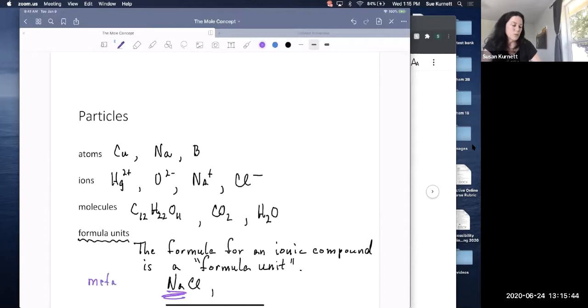But there is one ion that behaves as an ion and makes ionic compounds, and that's ammonium. So we have to watch out for that, because if we see something starting with ammonium, it is also ionic. Okay, are there any questions on what the particles could be?